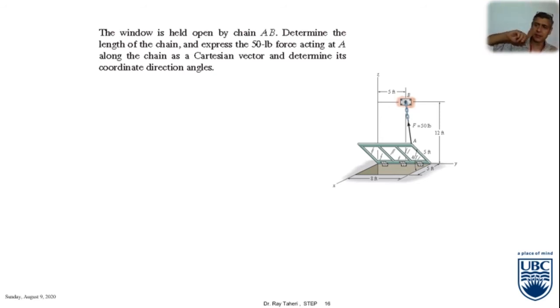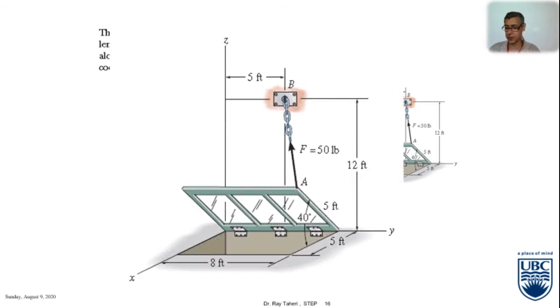It is held by a chain connected from point A to B. So the question is asking, determine the length of the chain AB and express the force of 50 pounds, which is applied in the direction of A to B, in the form of Cartesian components along AB. So let's just have a better look at this question.